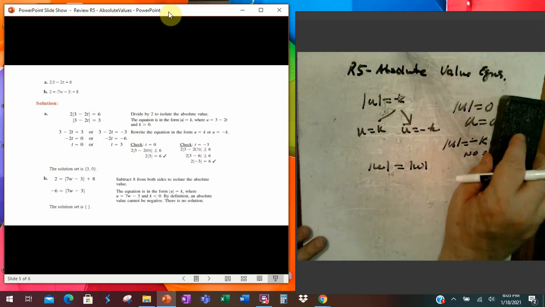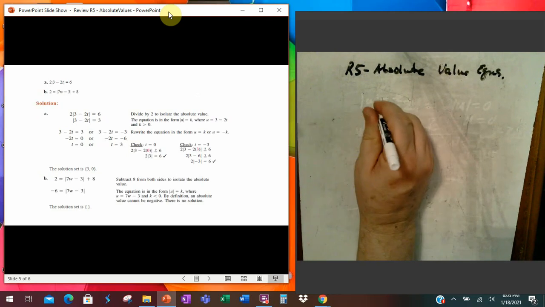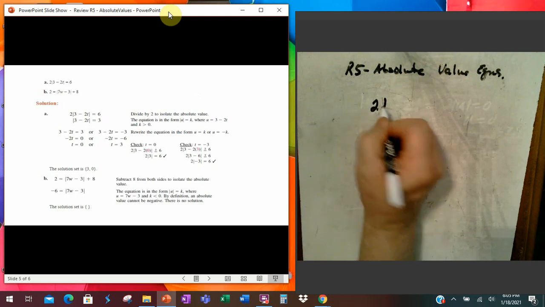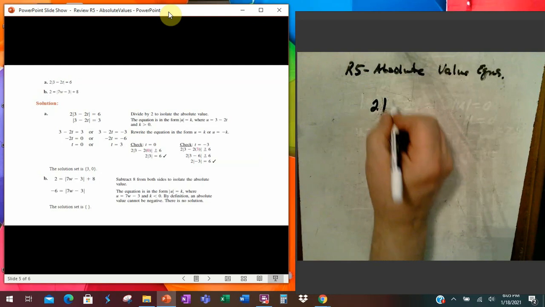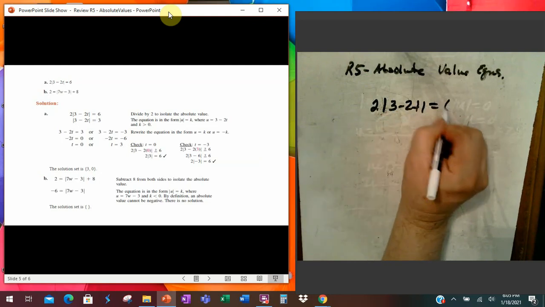So let's see how we use these things to solve absolute value equations. Here I want to look at this example: 2 times the absolute value of 3 minus 2t is equal to 6.